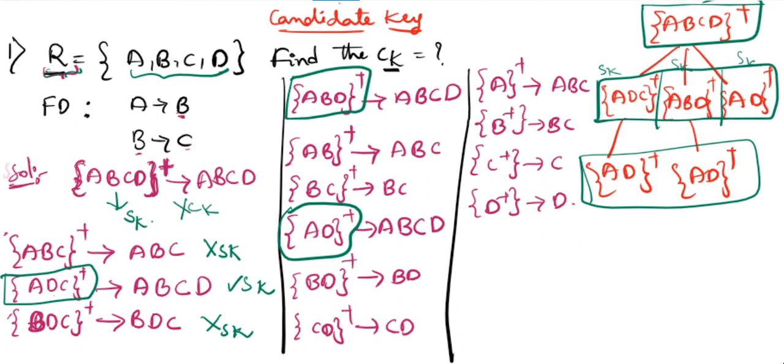Again, check the condition. So what is the condition? Is this super key's subset a super key or not? Yes, it is also a super key. Is this superset's subset a super key or not? Yes.